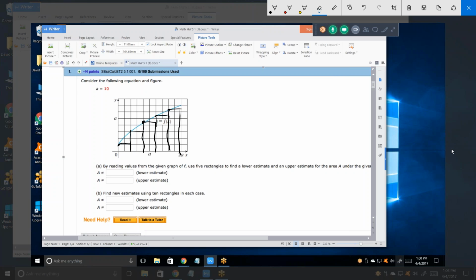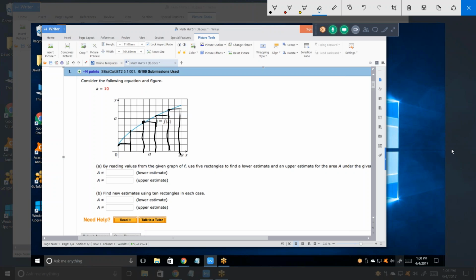And that's what they're calling a lower estimate. Traditionally, I have some issues with the way they're teaching it. I get lower and upper, but sometimes left hand and right hand is what is needed to really understand this stuff.